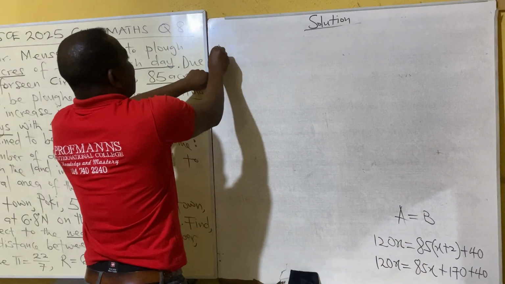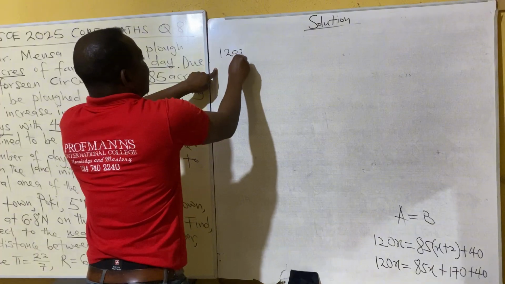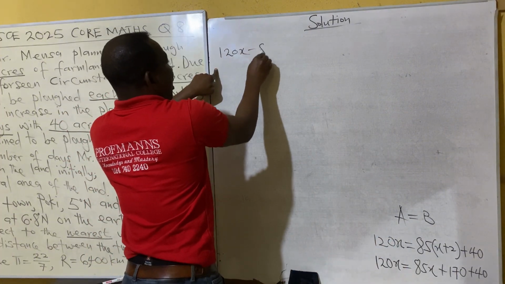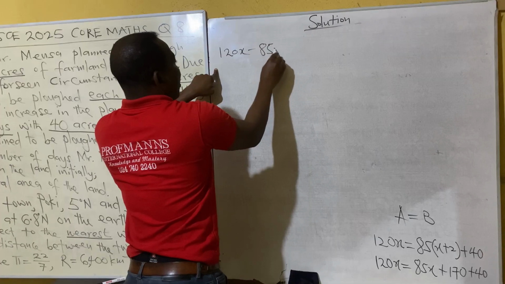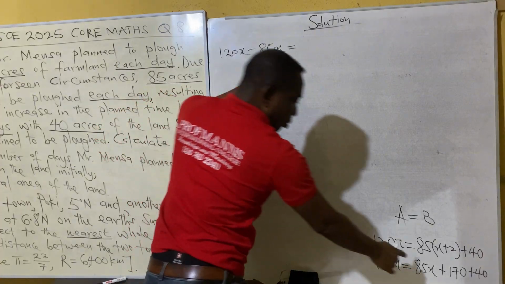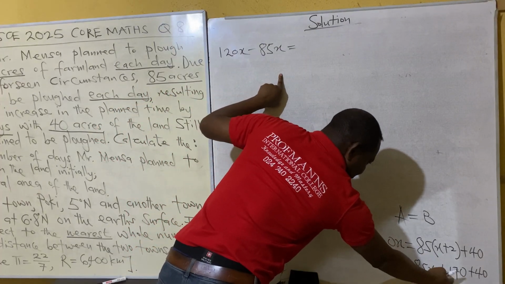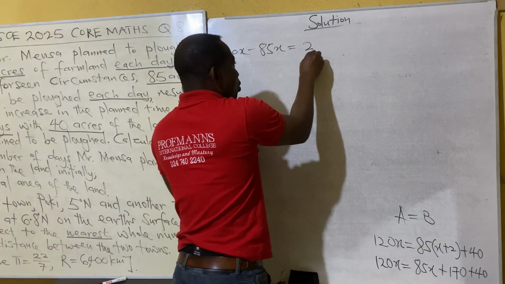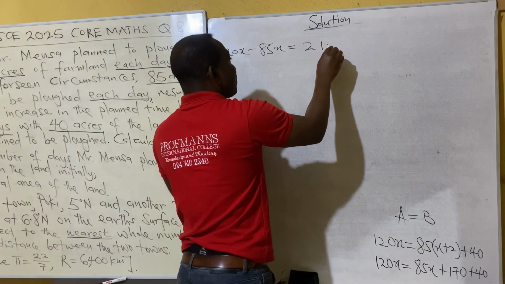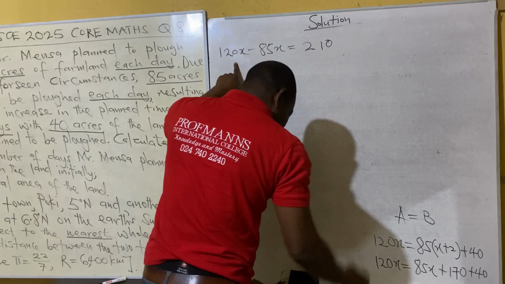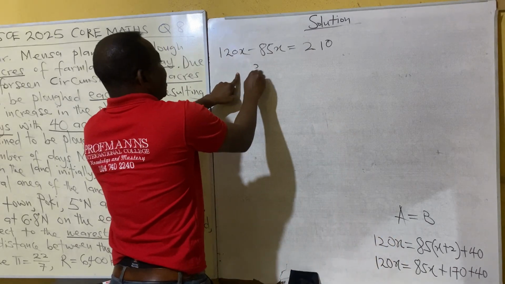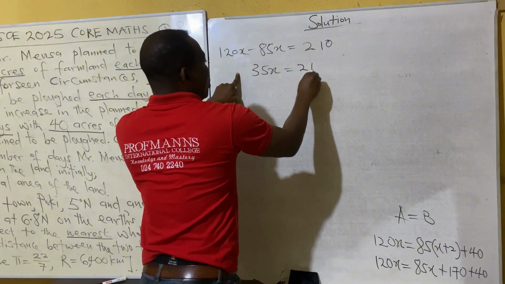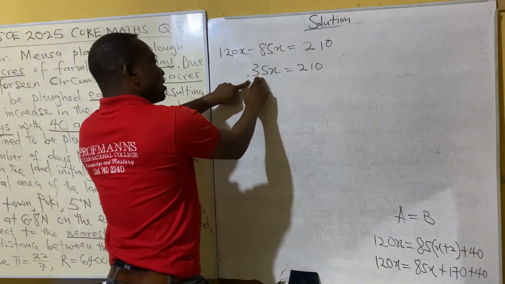So it becomes 120x minus, because this crosses the equal to sign, 85x is equal to, when we add this to that, it gives us 210. So we subtract this from that, it gives us 35x, which is 210.